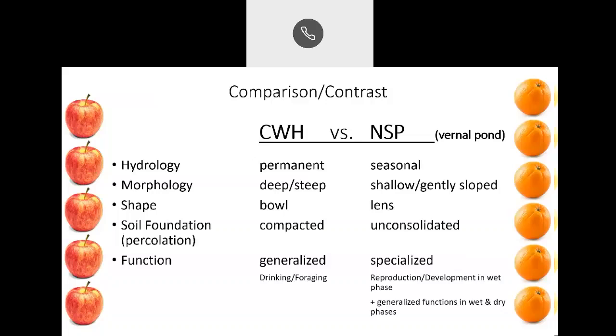So you'll note the natural seasonal pond or vernal pond is seasonal because it doesn't have permanent water, it doesn't support fish. And fish are the primary predator of some of the wildlife that specialize in vernal pool utilization. So the last item, the function, specialized species are able to use vernal pools in addition to the general fauna in particular that can utilize a vernal pool.